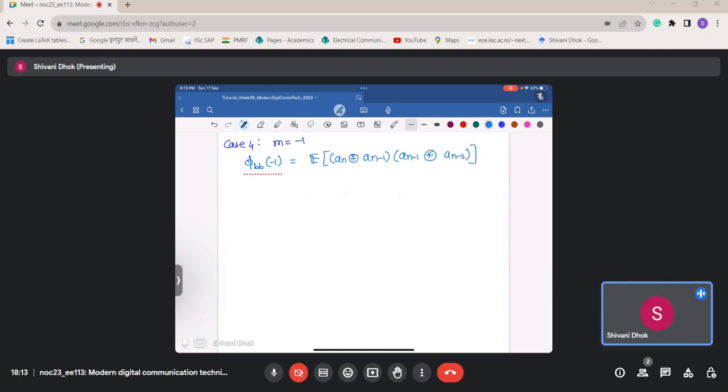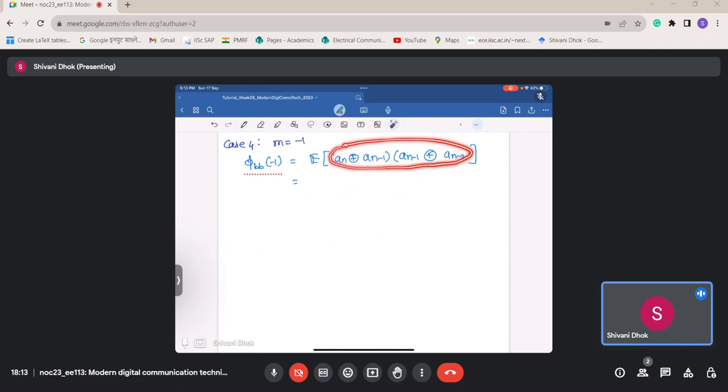Again, with the same logic which we applied for m equal to 1, this is a random variable which can take values 0 and 1. So this is equivalent to 0 into its probability plus 1 into its probability.